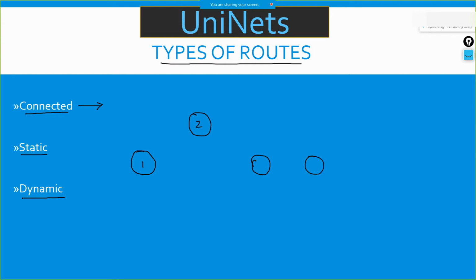R1, R2, R3, R4. Fifteen dot zero dot zero. 10.0.0.0, here my local network.